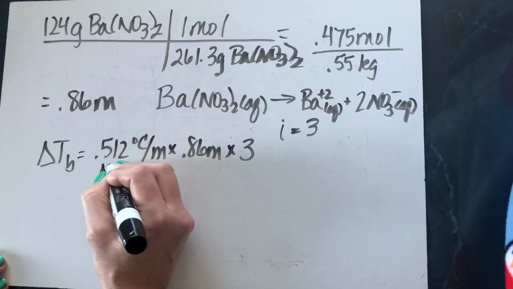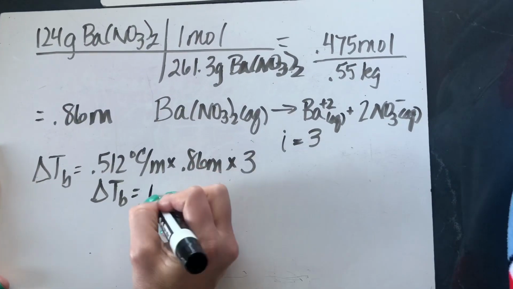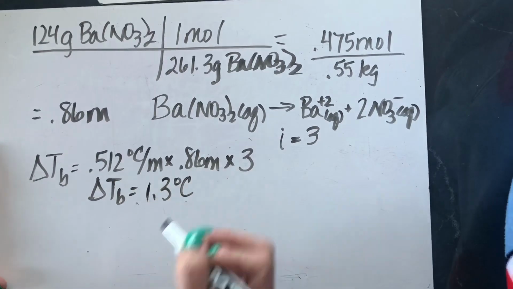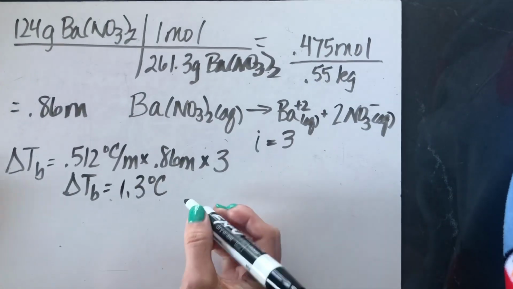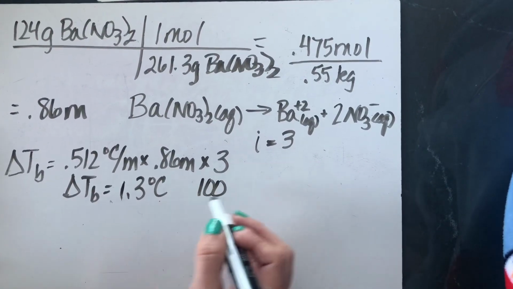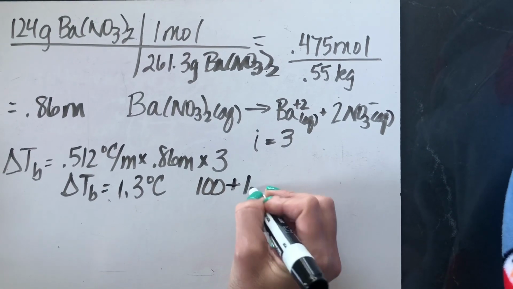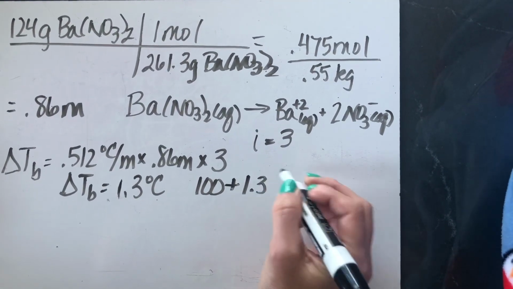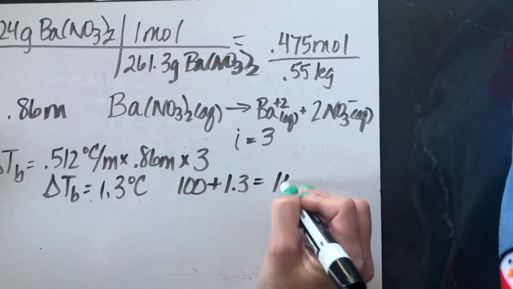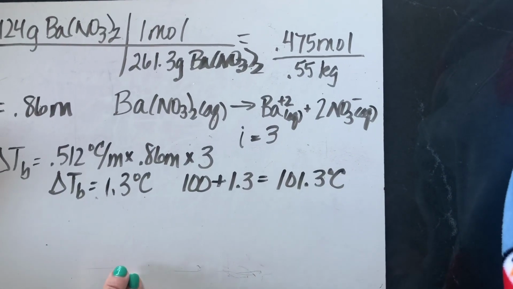That comes out to be 1.3 degrees Celsius. Since our boiling point of water is originally 100, and this is boiling point elevation, that means our boiling point is increasing by 1.3 degrees Celsius for a total of 101.3 degrees Celsius.